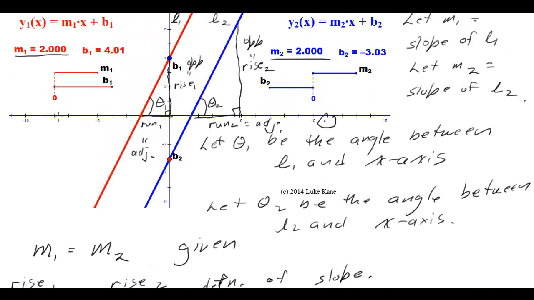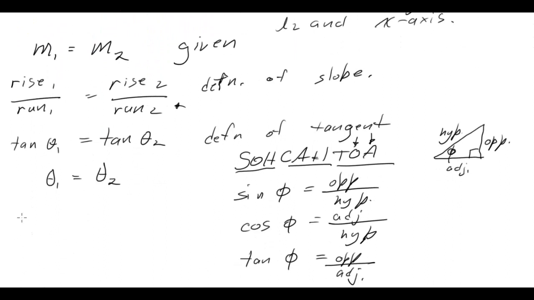Okay, now, this is significant because this is going to get us to where we want to go. The x-axis can be looked at as a transversal of two lines, and theta 1 and theta 2 are corresponding angles. So let's put that down here.